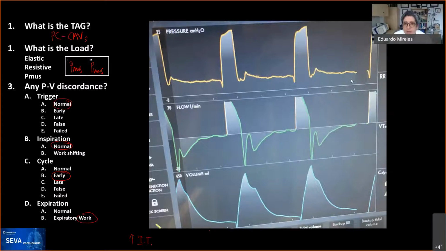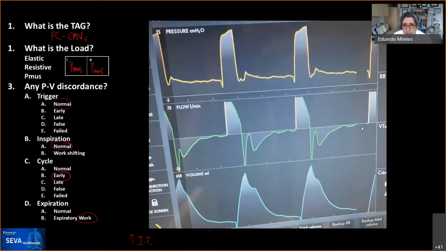So what we know is that the majority of people chose PC-CMV. Some people chose volume control CMV, but I think that you recognize very well, Udi, that this is pressure control, because the flow is not controlled at all under these circumstances.